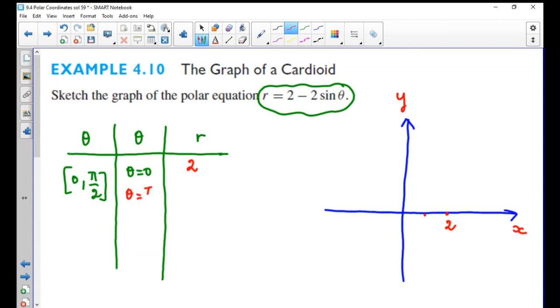As theta reaches pi over 2, r becomes 0, exactly. So we're starting with 2, and then theta, of course, increases, but r decreases, and in fact, you will get something which will look a bit like this.